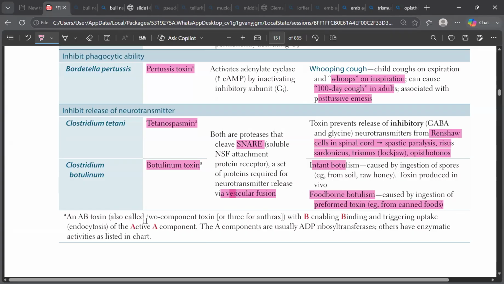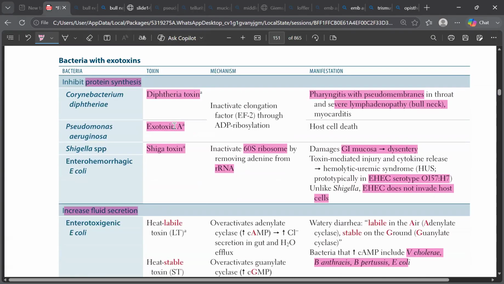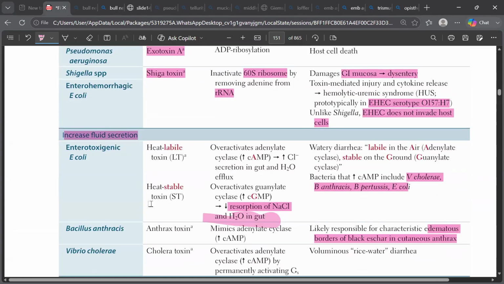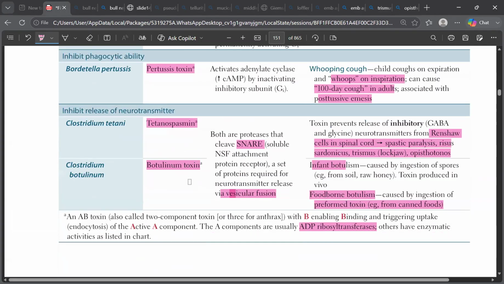An AB toxin, also called a two-component toxin, or 3 for anthrax, with B enabling binding and triggering uptake of the active A component. The A components are usually ADP ribosyl transferases. Others have enzymatic activities as listed in the chart. So diphtheria toxin, exotoxin A, Shiga toxin, heat labile toxin, not heat stable, anthrax toxin, cholera toxin, pertussis toxin, tetanospasmin, and botulism toxin are AB toxins, and they have two components.